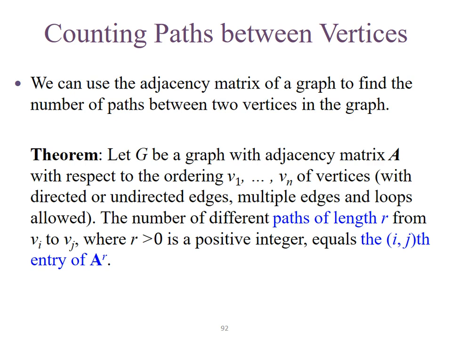If G is a graph and we have the adjacency matrix A, then the number of different paths of length R can be calculated as the adjacency matrix A to the power of R. So we can determine how many paths there are between vertex i and vertex j from the ij entry. The ij entry is the number of paths of length R.